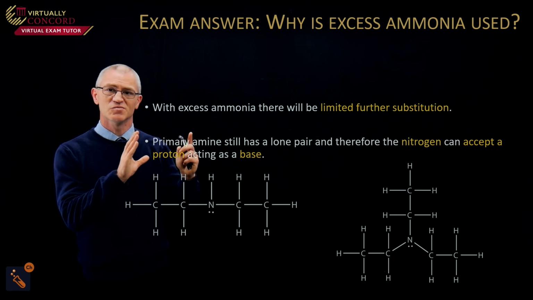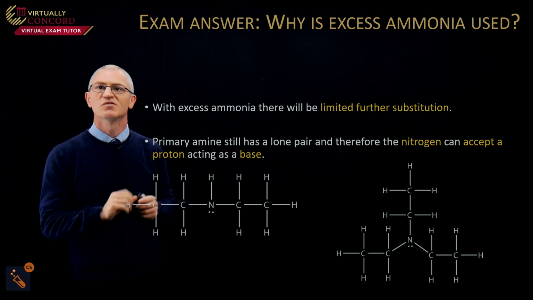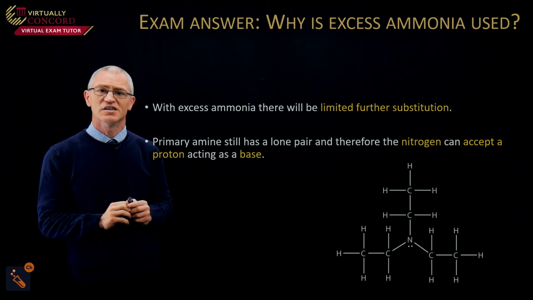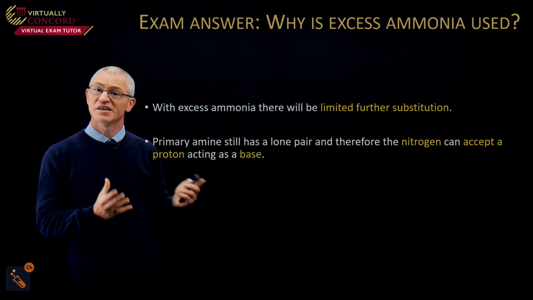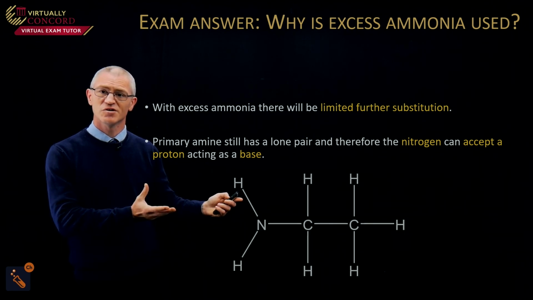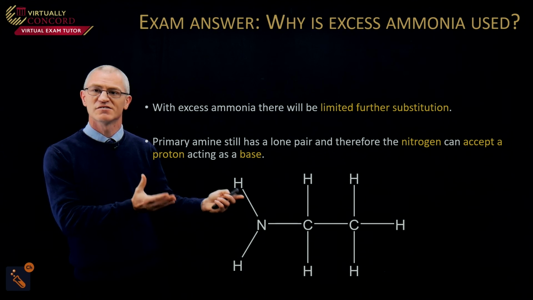Whereas if you have excess ammonia, there will be only primary, or mostly primary amine, and that's why you do it. So it's really important that you know that the secondary and tertiary won't be there, and if they're not there, you'll get the primary, which in this case would be ethanamine.